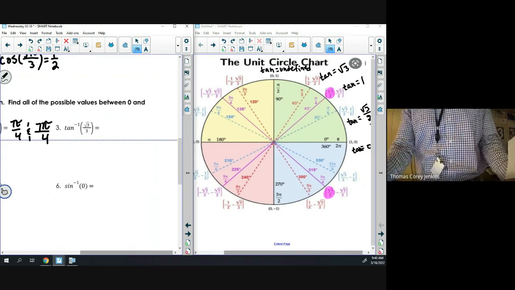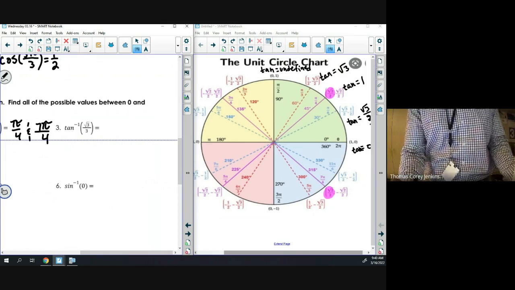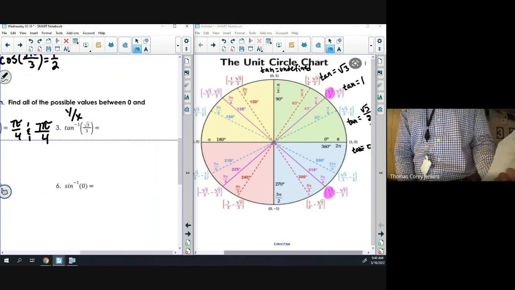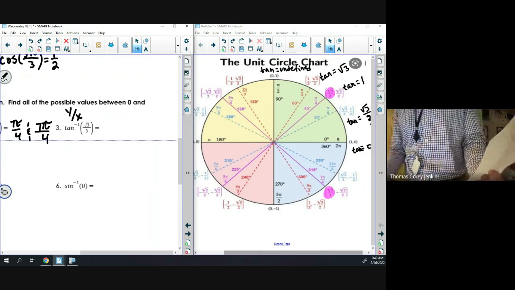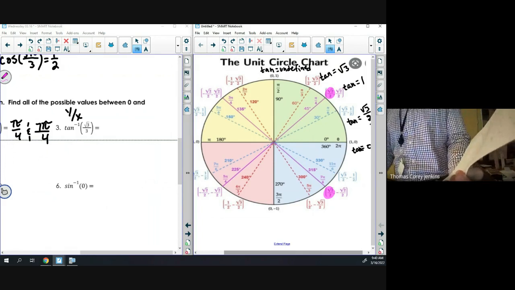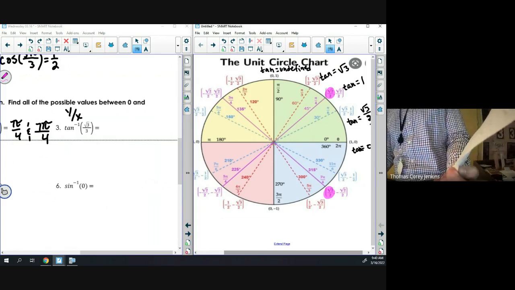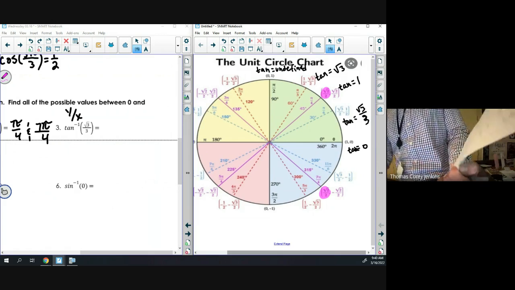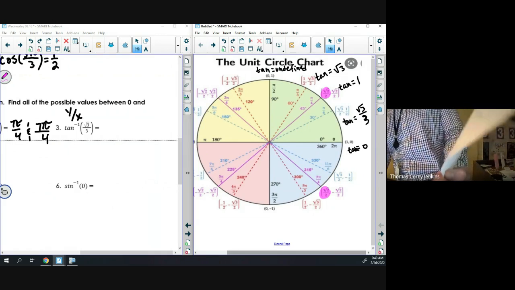So for tan, I'm thinking y over x. We've already done that work to simplify. So where is tangent square root of 3 over 3? So that would be, we said, at a 30-degree angle.